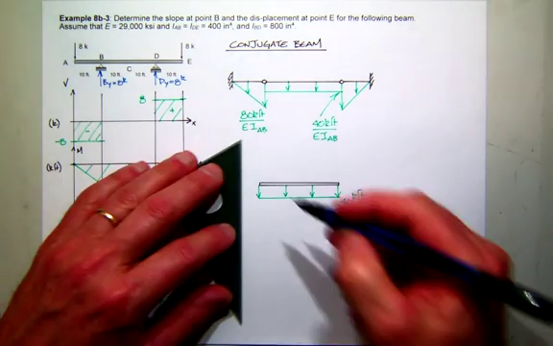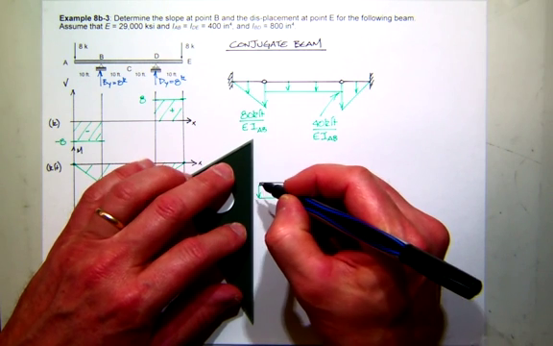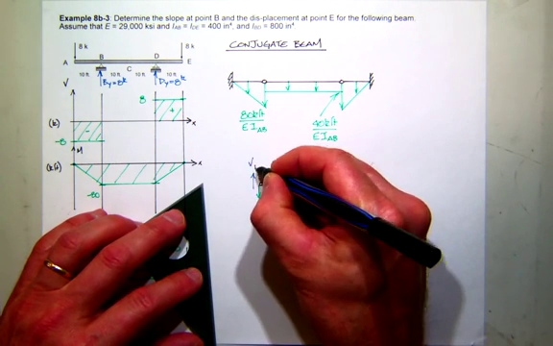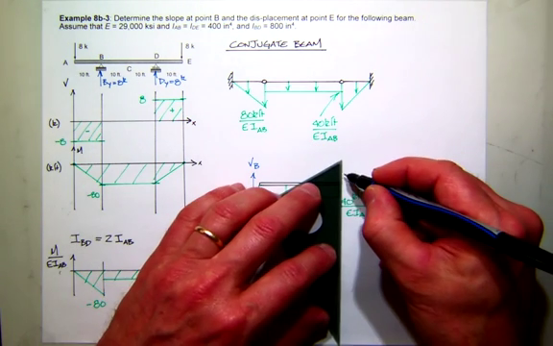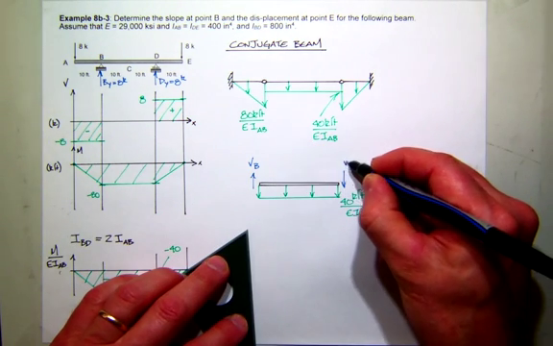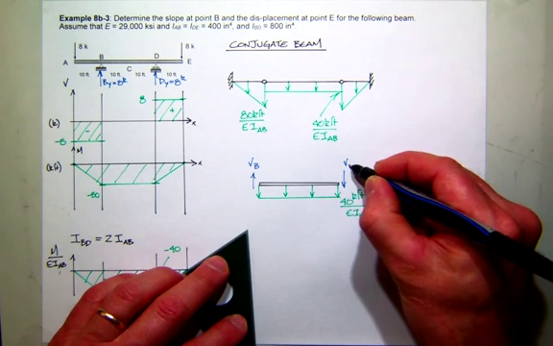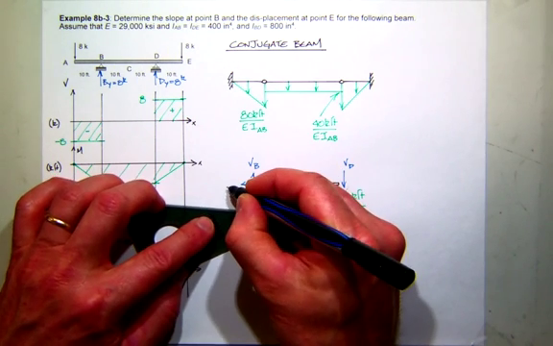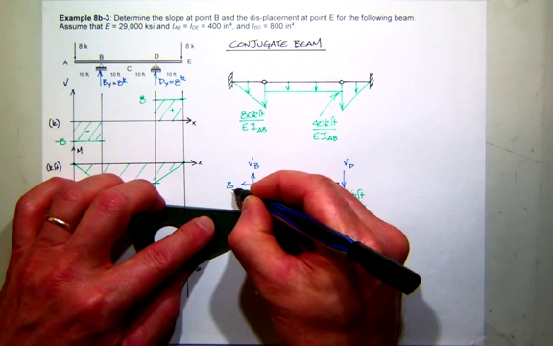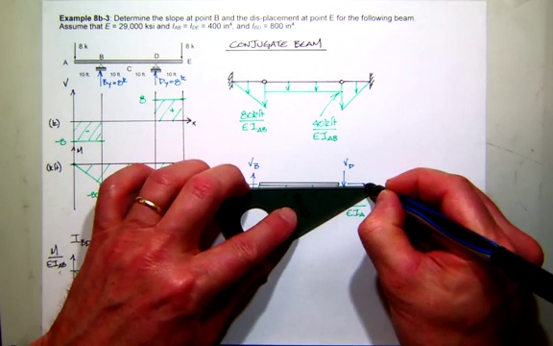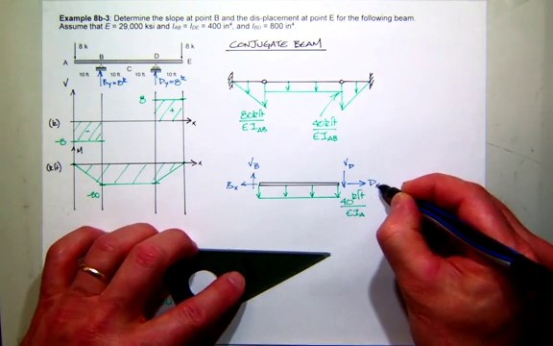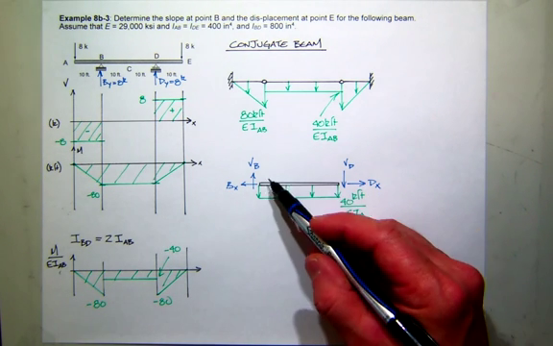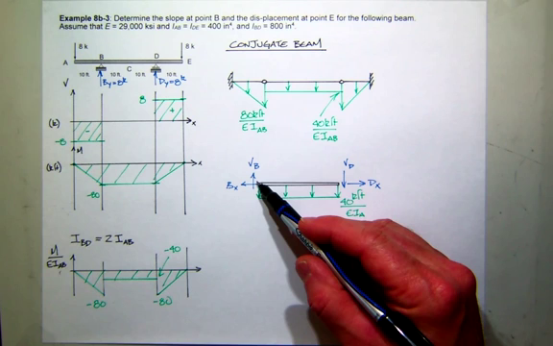And of course, we're trying to find slope, so it would be shear. So there's the shear at B, positive shear at B. Here's the positive shear at D. And of course, I would also have an axial force, which I'll just call BX and DX. But you can see I don't care about those, do I? And I could easily sum moments about D and find the shear at B. See that?